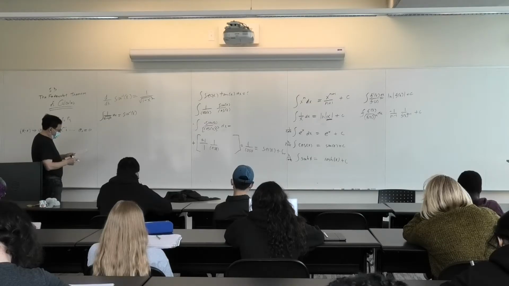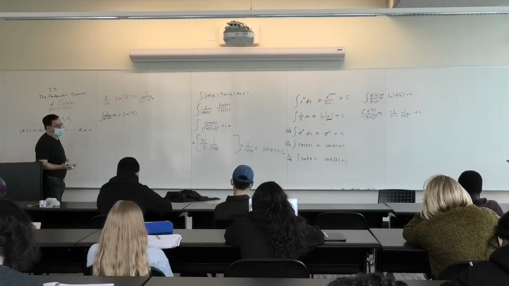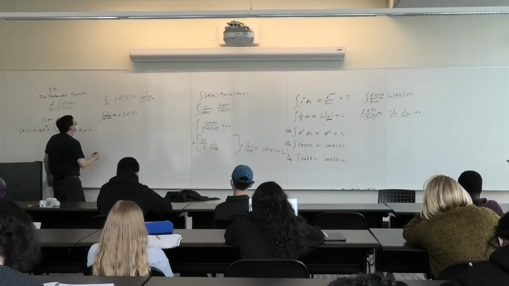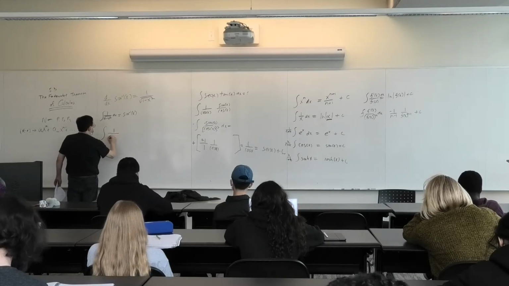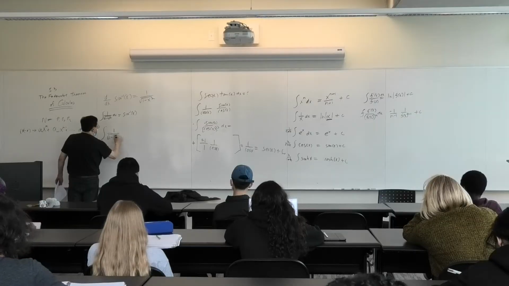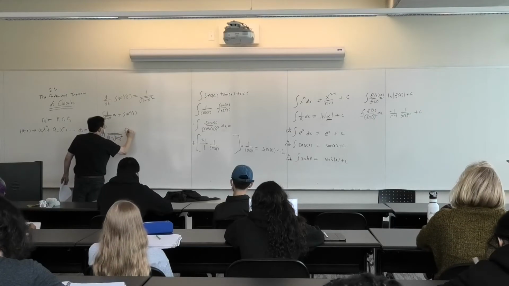Well, this also suggests a formula. We want to find the integral of f prime of x over the square root of 1 minus f of x squared.